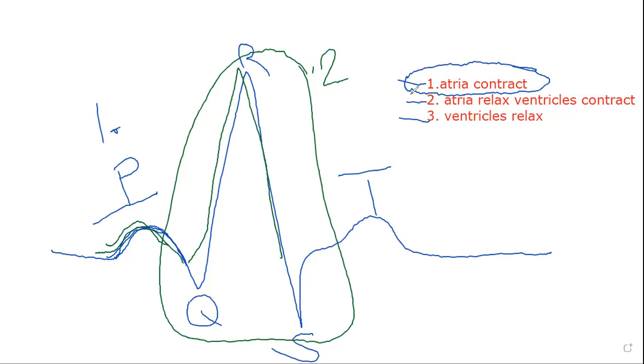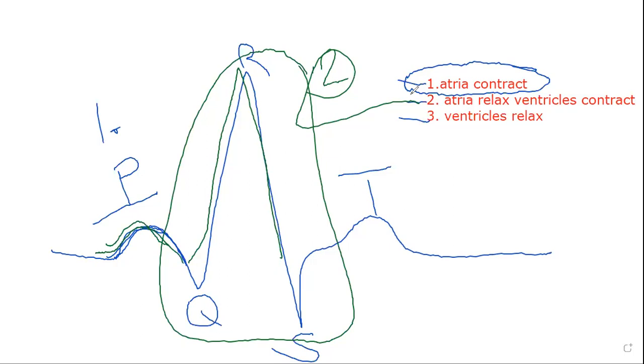So this QRS represents the strength of the ventricles contracting and the energy for the atria to relax. Now, it's really hard. The atria relaxing is kind of masked and hidden because the strength of the ventricles is just overpowering.